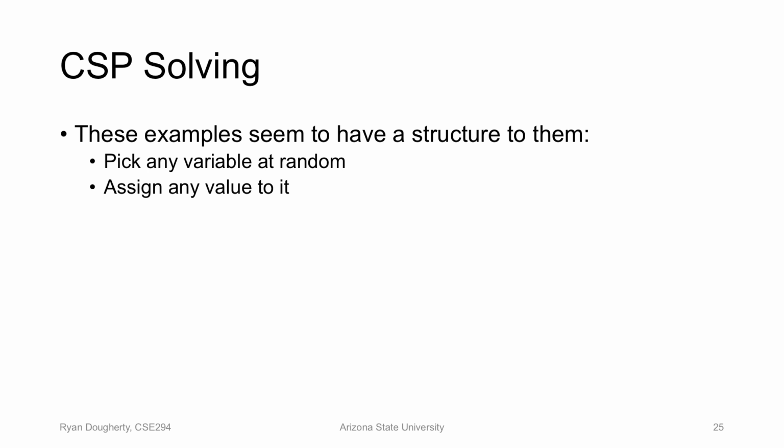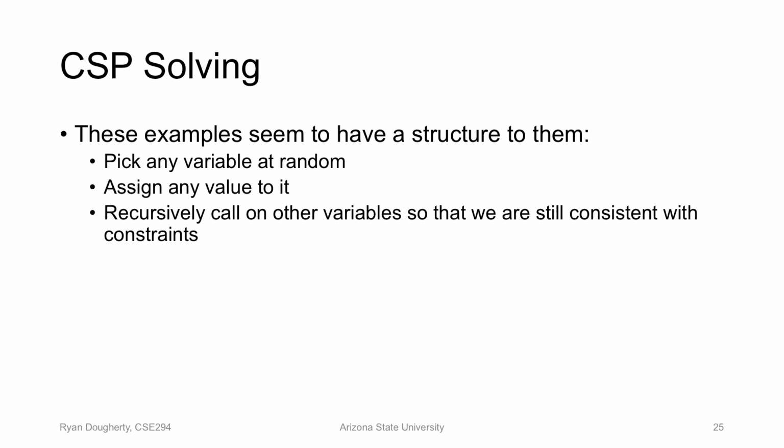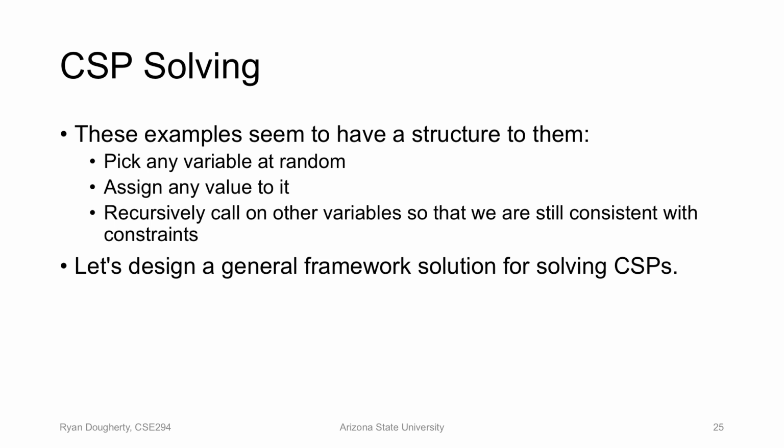Assign any value, because I could effectively be trying every single value. Then I recursively call on all other variables that are still unassigned and try to assign them in recursion, consistent with constraints, meaning I don't violate any constraints.